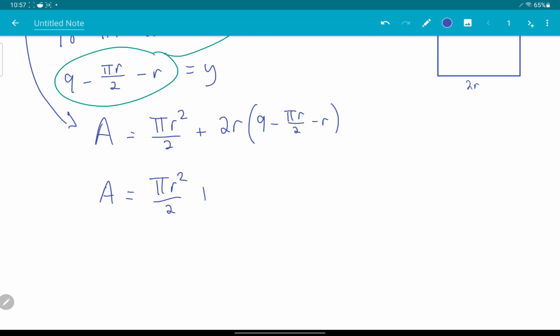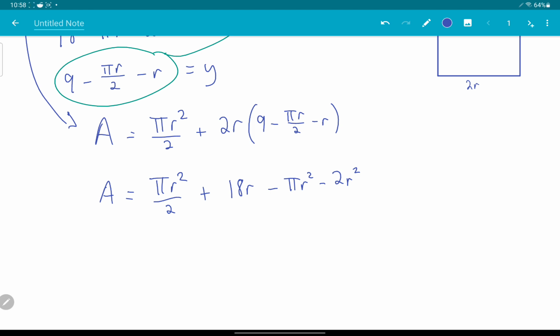So this is time well spent, I believe. 18r minus 2 cancels with 2, giving me pi r squared minus 2r squared. Like terms.